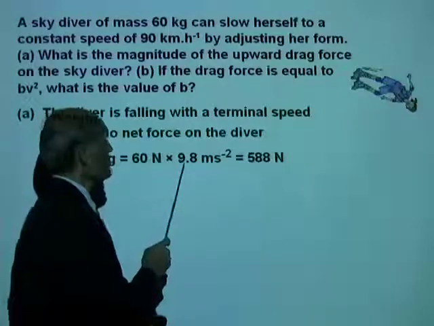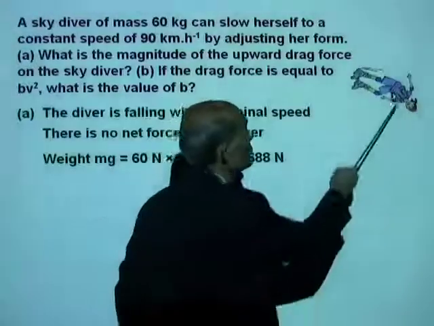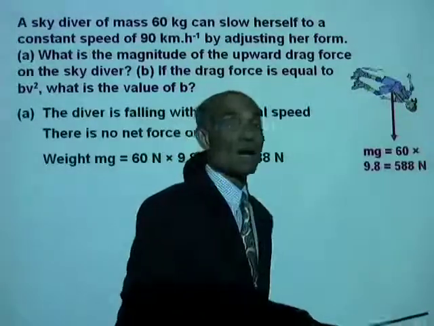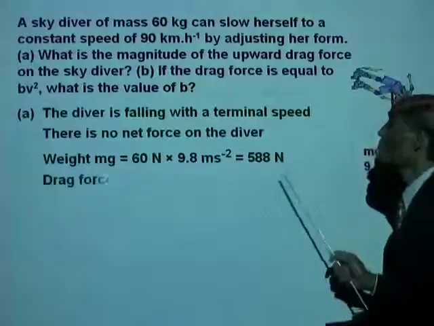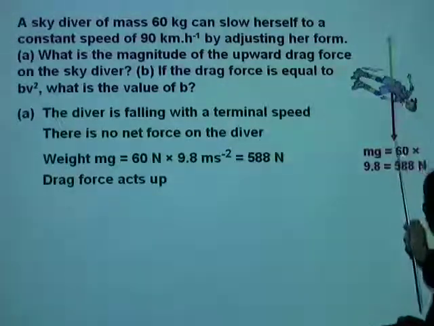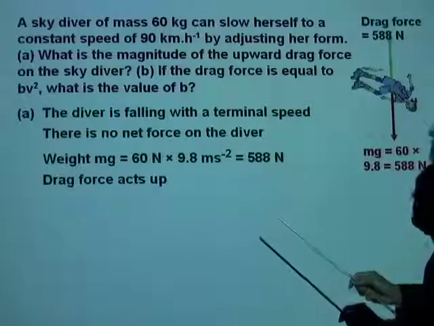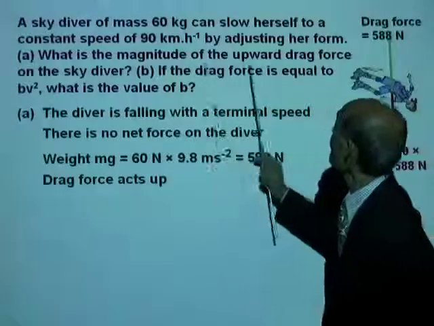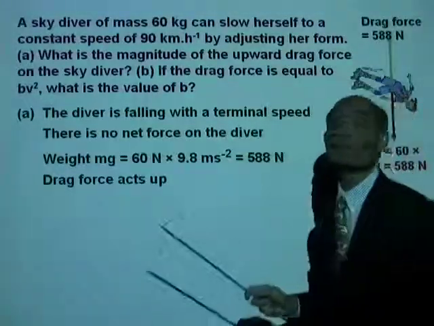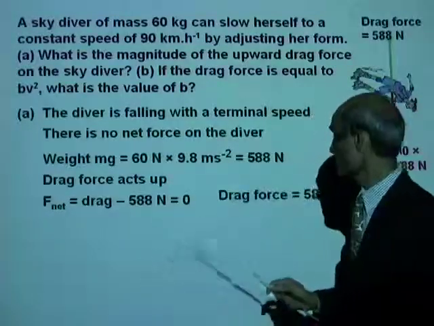Mass times acceleration due to gravity, that is 588 Newton acting vertically down. And the drag force will therefore be acting up and exactly equal to 588 Newton. Therefore, the upward drag force on her will be 588 Newton. There you are.